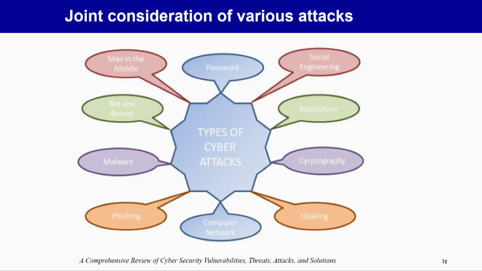Another thing we should do is have some joint consideration of various attacks. You can see some people consider only the temperature side channel attack, and some consider only acoustic or sound, some care only about the password, some only about the malware, some only about phishing. So nobody is considering everything together.